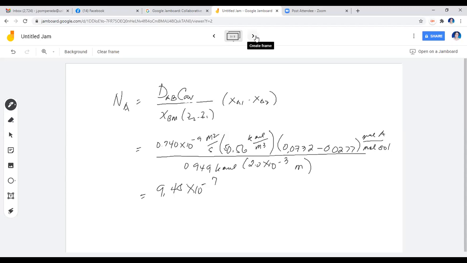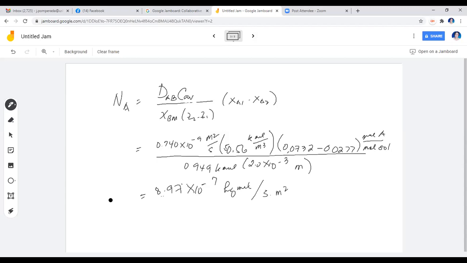So we have an 8.97, comparable to what's found in your textbook. So this is 8.97 times 10 raised to negative 7 with the unit of kilomole per second per square meter.